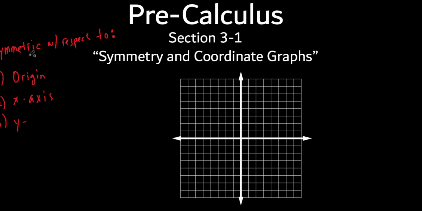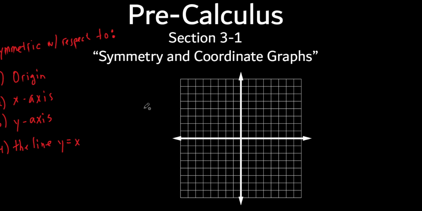And then with respect to the y-axis, and with respect to the line y equals x. There's another one with respect to the line y equals negative x, but we're just going to stick with these. These are your main 4 things.